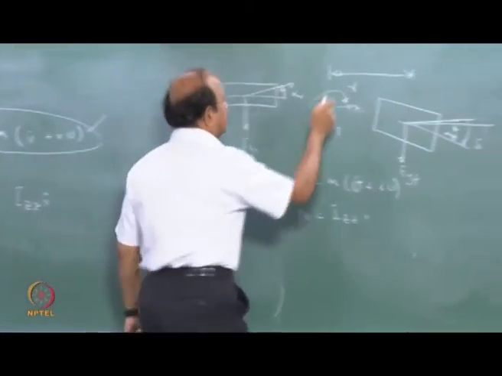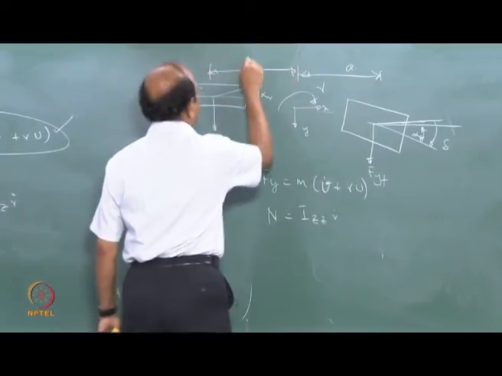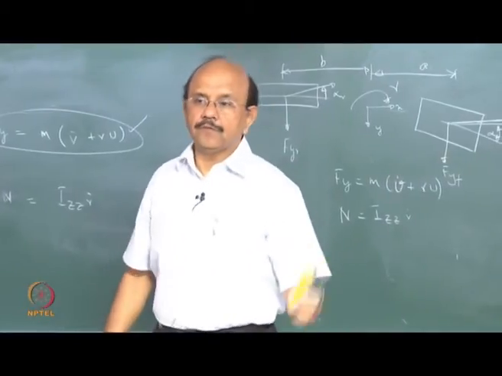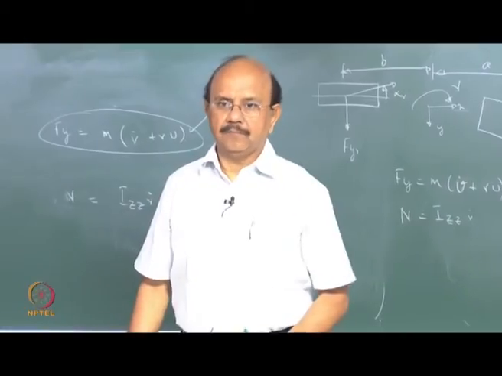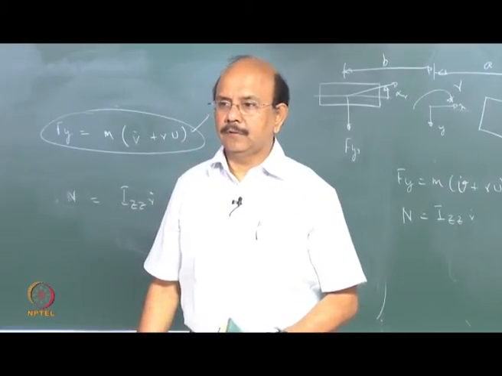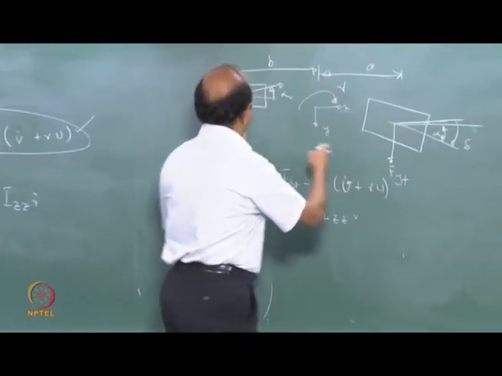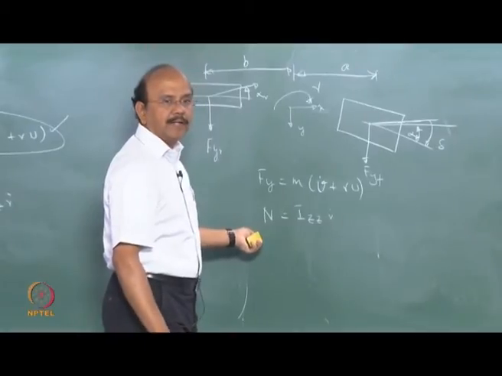Let me call them A and B, because in the lateral dynamics literature, the distance of the CG location from the center of the tire is A, and that's B, right? Okay. So A into FyF minus B into FyR is the moment that is acting.